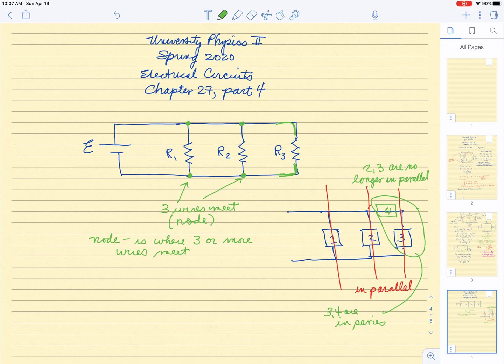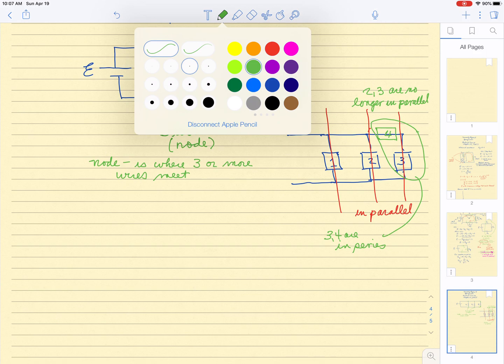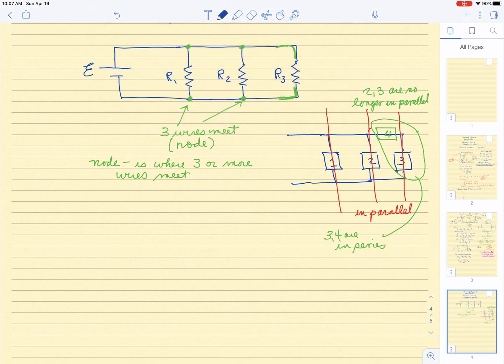So that's an interesting twist on this electrical circuit. Let me redraw this circuit in a way where it is identical, right?